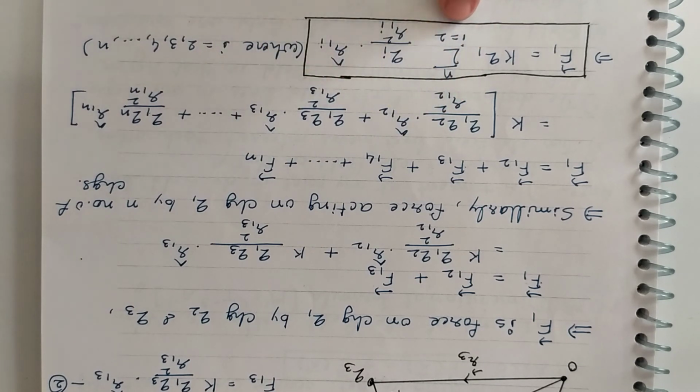So i changes from 2 to n, meaning we have different charges Q2, Q3, Q4 and so on up to n charges acting force on charge Q1. So we can write the summation from i equal to 2 to n of Qi upon R1i square R1i cap. We are just substituting i in place of the second index.